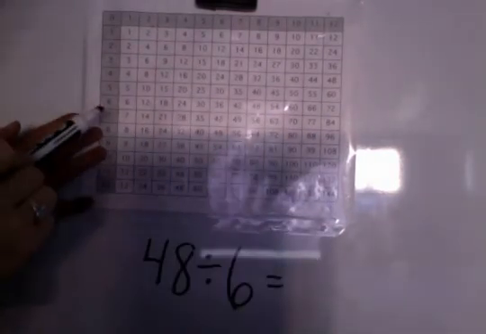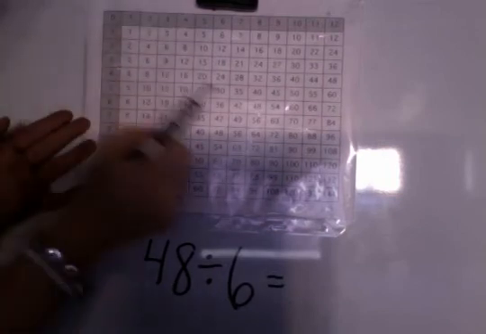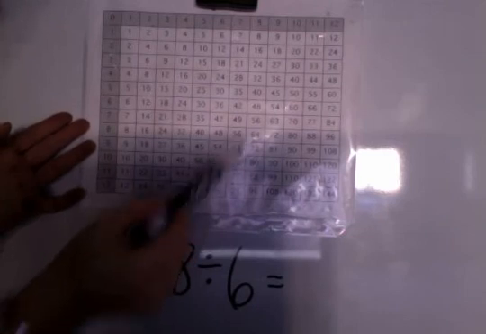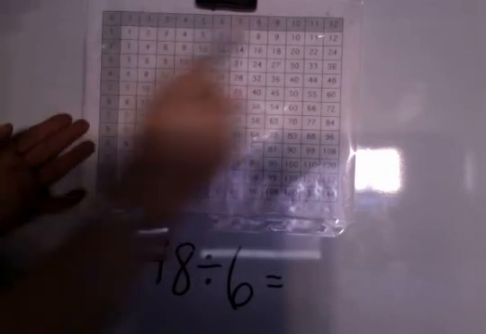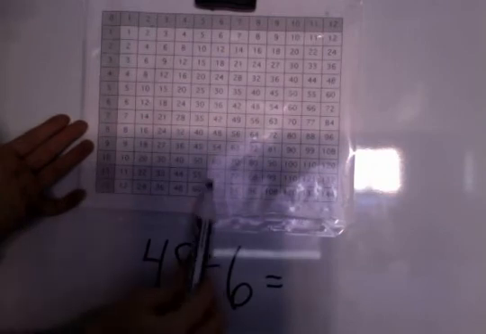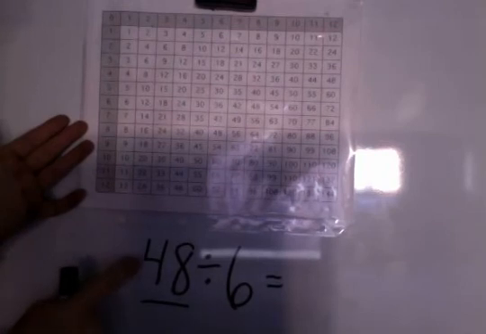Remember when you were doing multiplication, you used this and this to find this. So now we've got to work backwards. We're going to use this and this to find this. Okay? So in here, on the white numbers, I'm looking for the number 48.